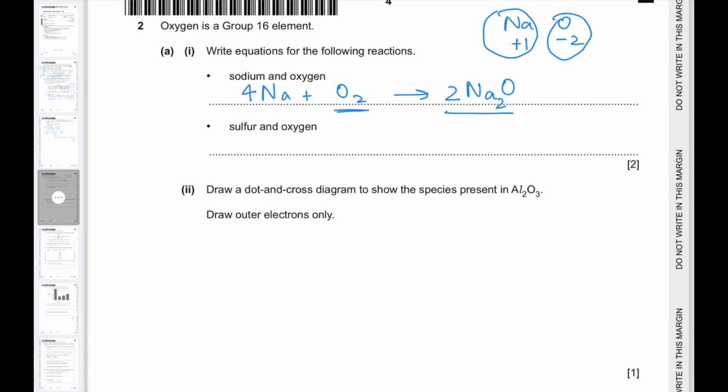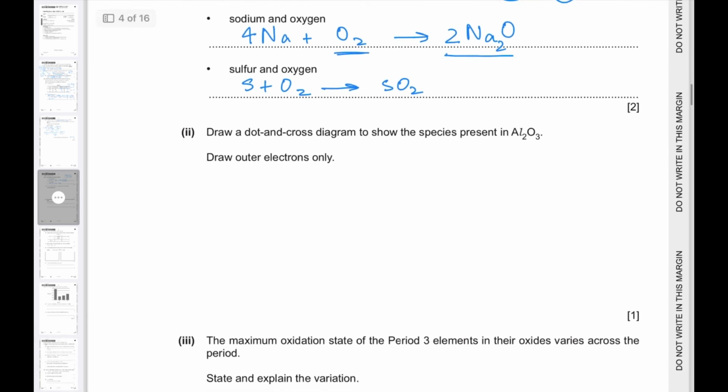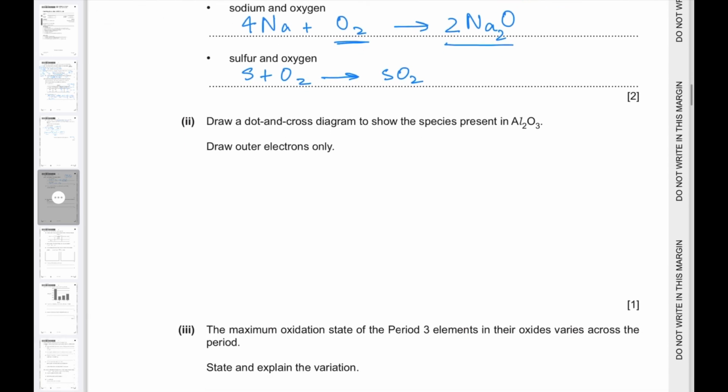The equation for the reaction between sulfur and oxygen would simply lead to the formation of sulfur dioxide. Draw a dot and cross diagram to show the species present in aluminium oxide. Draw outer electrons only.